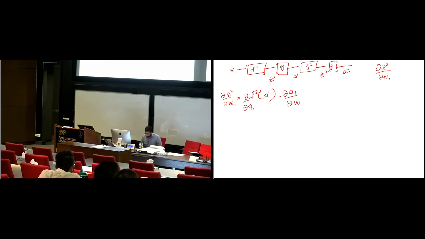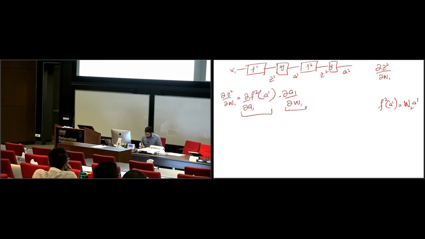This of course should be fairly easy to calculate, because F2 of A1 is just W2 times A1. So I can calculate this thing. I just need to calculate this. Are there any questions?